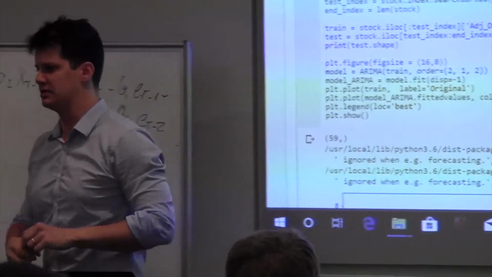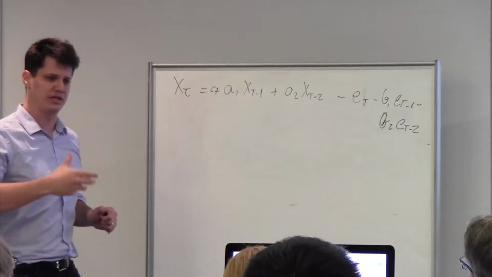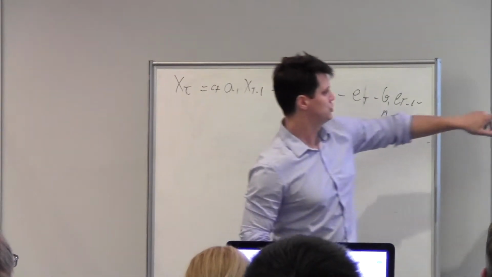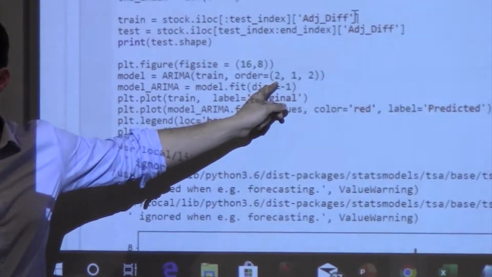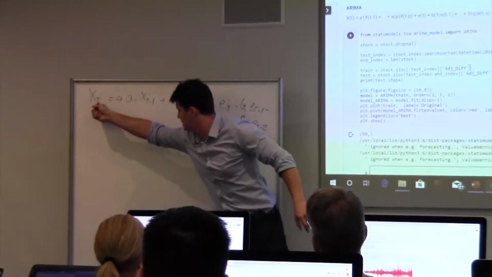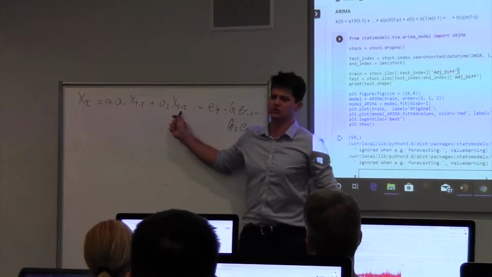So this is the ARIMA model. AR is autoregressive. Autoregressive means regressing on itself. In this case, I chose two lags to regress my variable. So I'm regressing my variable at time t, trying to explain it with t minus 1 and t minus 2.